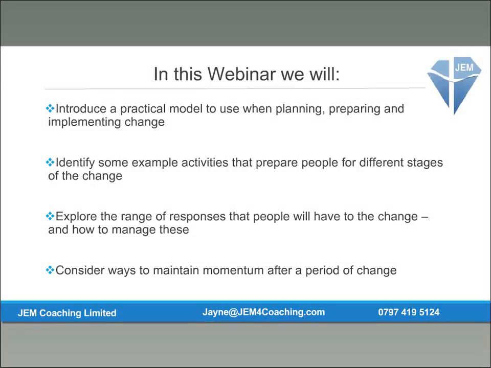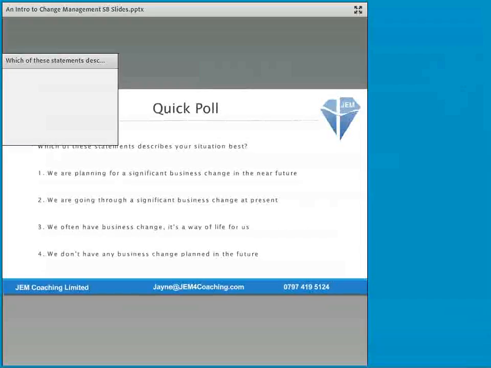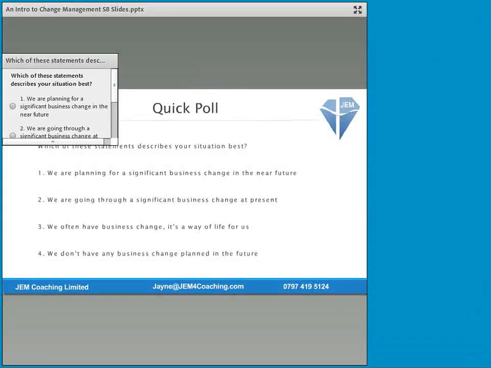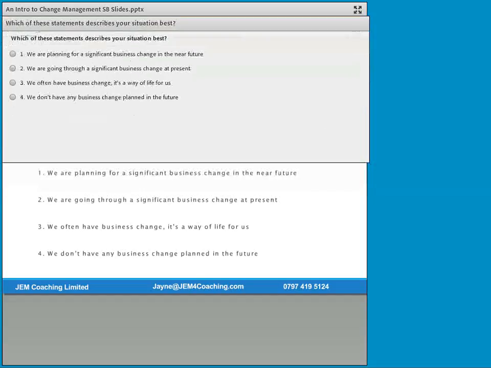But to get us started, we've got a poll coming up. What we'd like to know is which of these statements describes your situation in your business best at the moment. Our options are: we're planning for a significant business change in the near future. We're going through a significant business change at the moment.